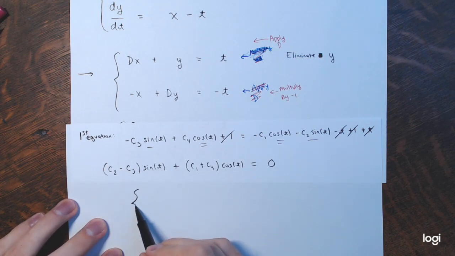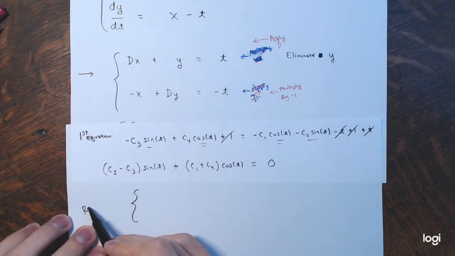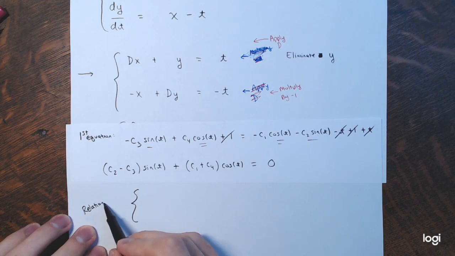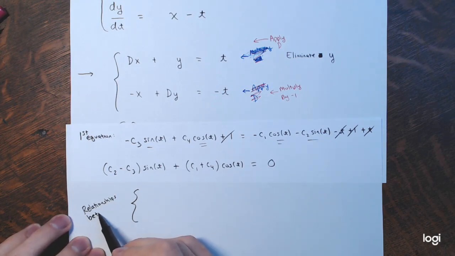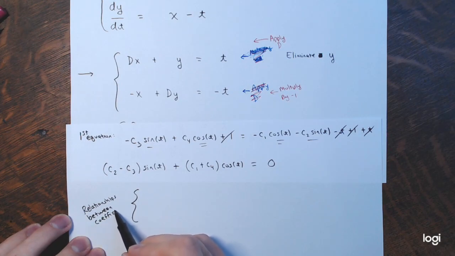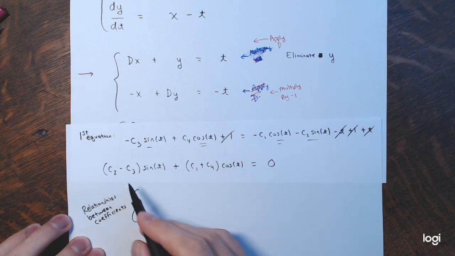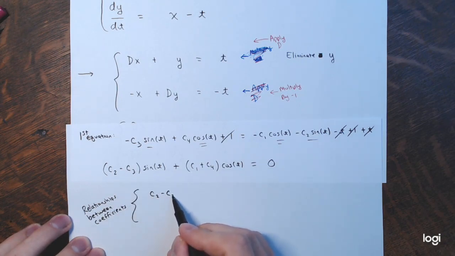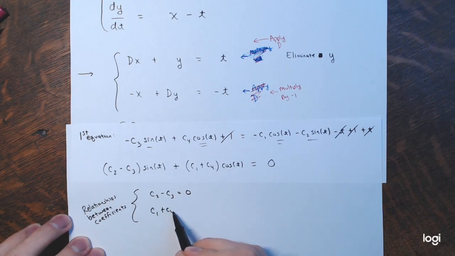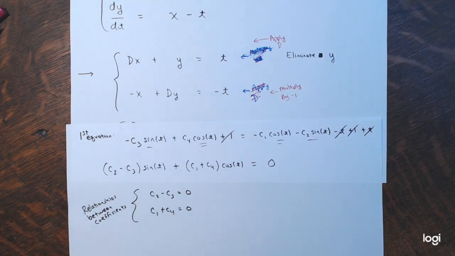So here are the relationships between the coefficients, between these constants. So c2 minus c3 must be equal to 0, and c1 plus c4 must be equal to 0.